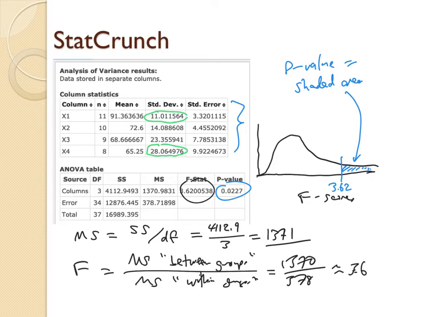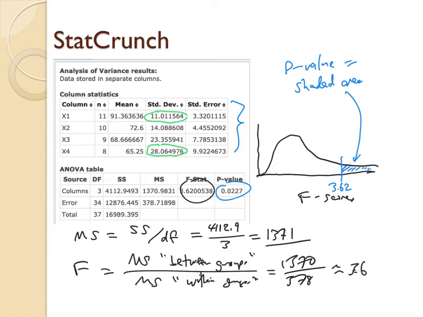So this is what the picture looks like for how p-value and F scores are related to each other. Like I said, it'll always look more or less like this. We don't have a way of generating these pictures ourselves, but the computer can draw them for us.